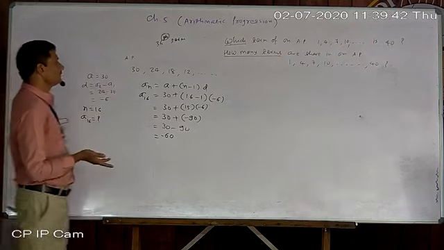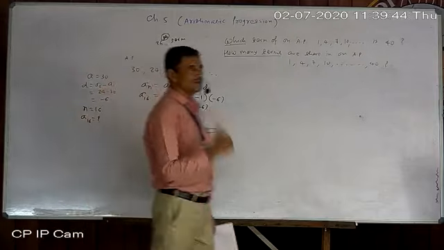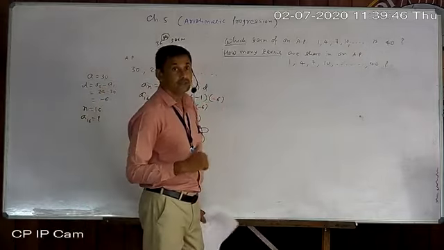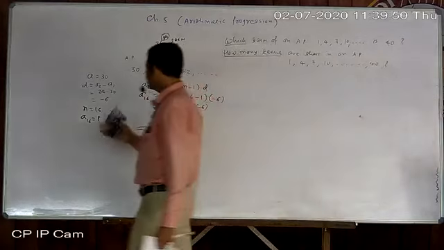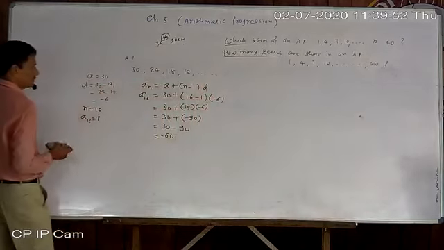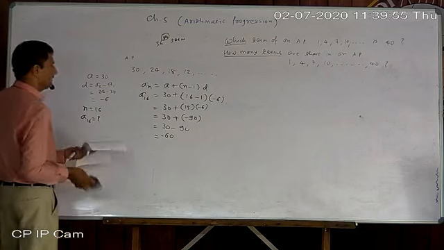Now suppose it is asked in reverse way. Just like the previous one, in the previous AP I found n also, so I go this way.